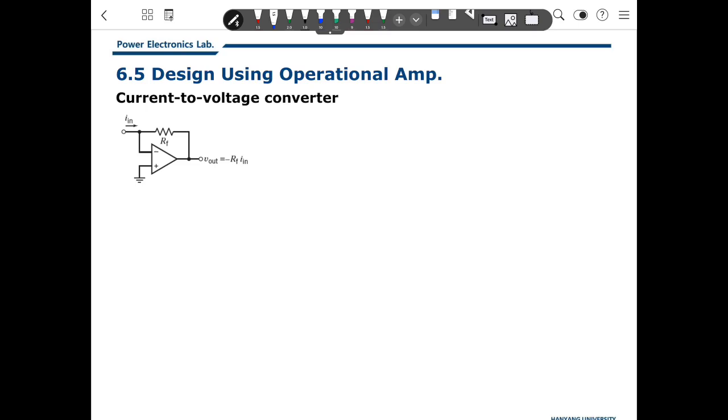This is a current to voltage converter. This is another way. If we use the current source, the current controlled voltage dependent source, like here, for example, plus or minus voltages and some current here.